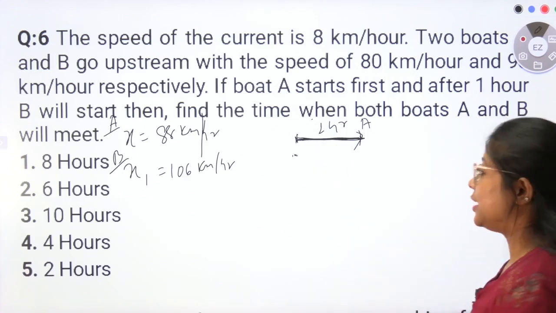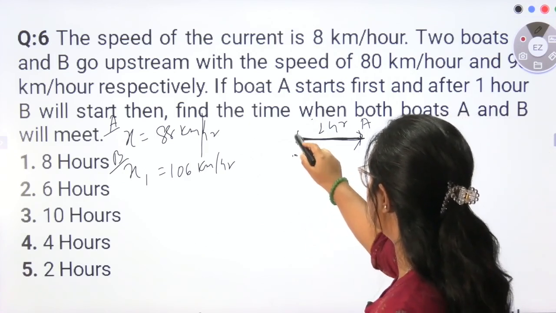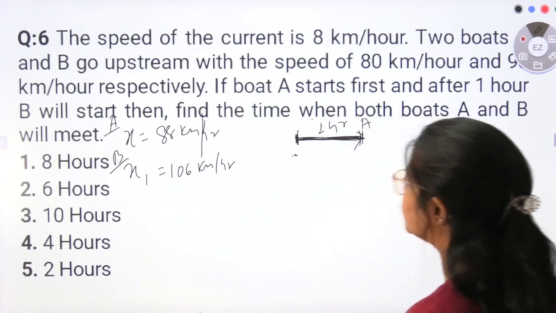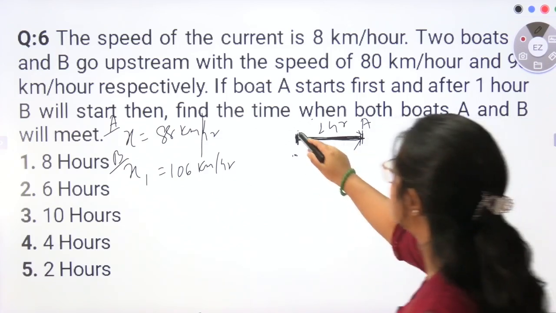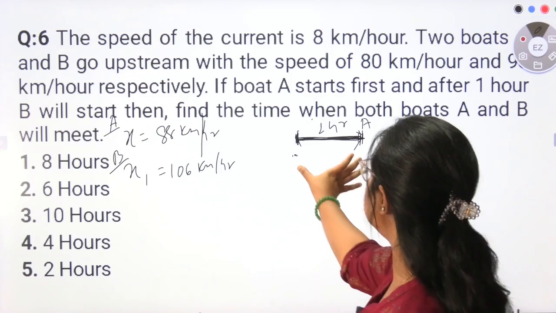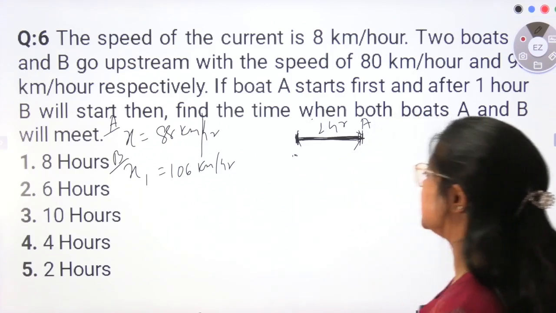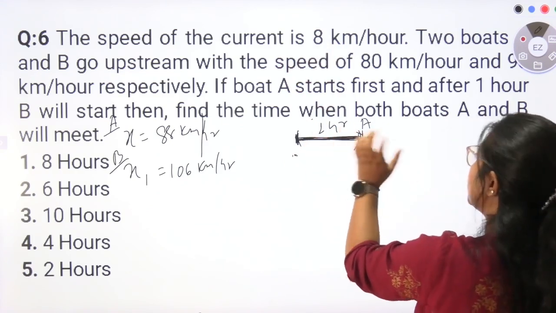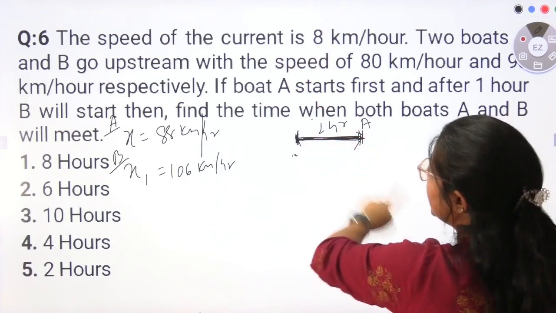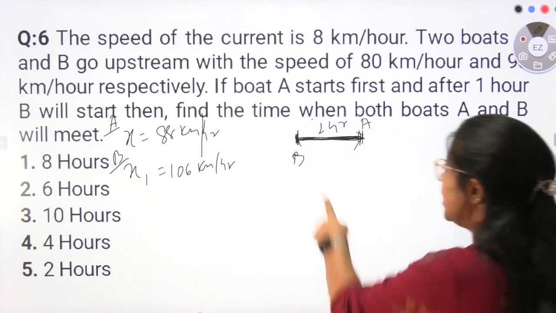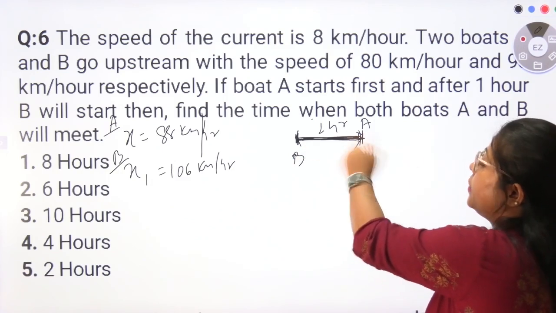If I somehow calculate how much distance is traveled by A within 1 hour, then I will get the distance between A and B, because B is here and A has already traveled for 1 hour.